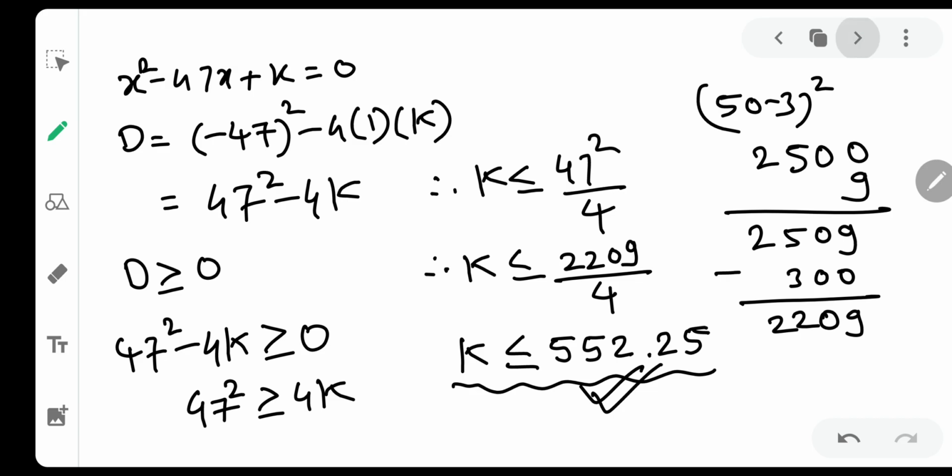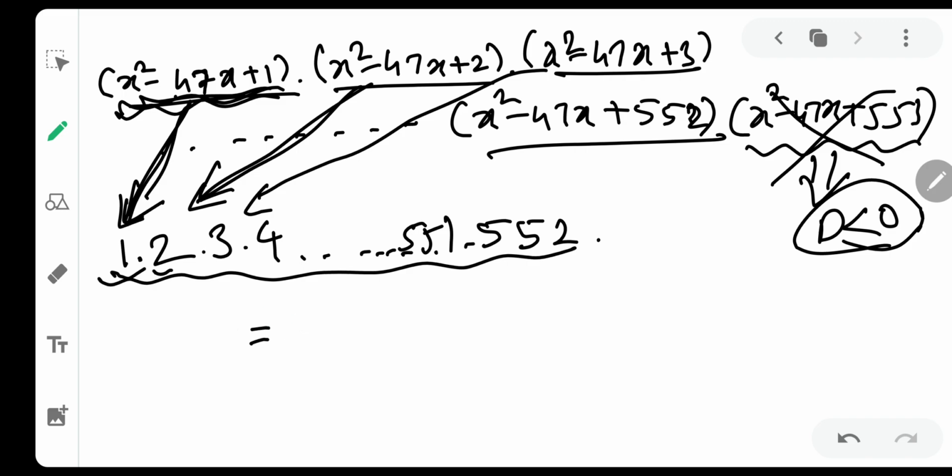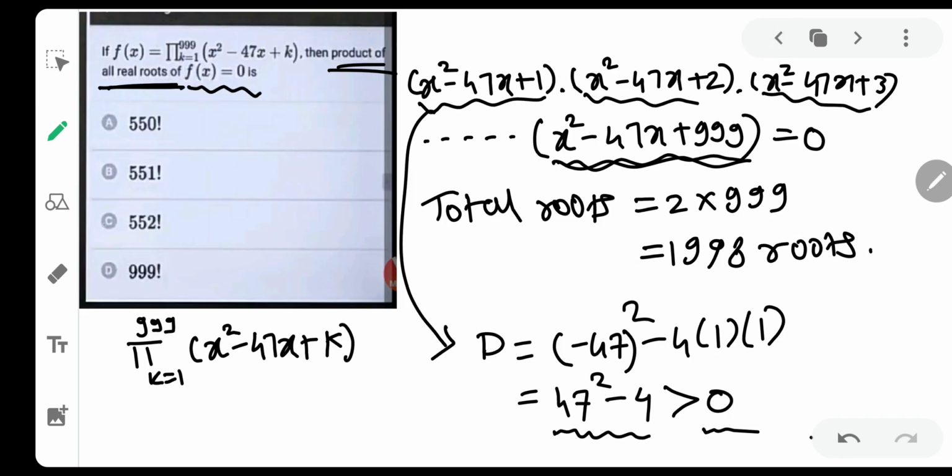They have asked for the product of all the real roots, and that was very easy for us because those were brackets. The first bracket will have 2 roots, product 1. The second bracket will have 2 real roots, product 2, and so on, going up to 552. So 1 into 2 into 3 up to 552 comes out to be 552 factorial. So the correct answer for this question will be 552 factorial. How did we do this?